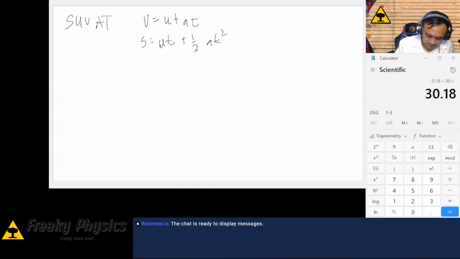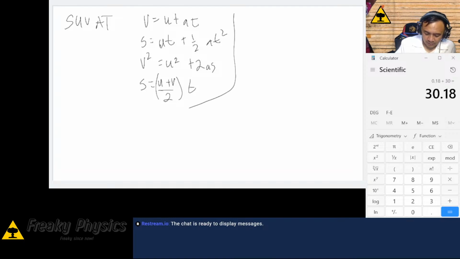The third one is v squared equals u squared plus 2as. And the fourth one is s equals (u plus v) over 2 times t. I've discussed this before with you, but I don't think you'd recall them, because it's been a while, right?